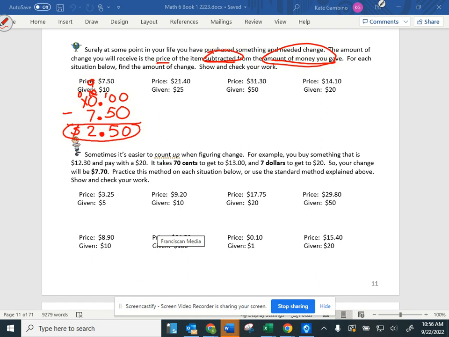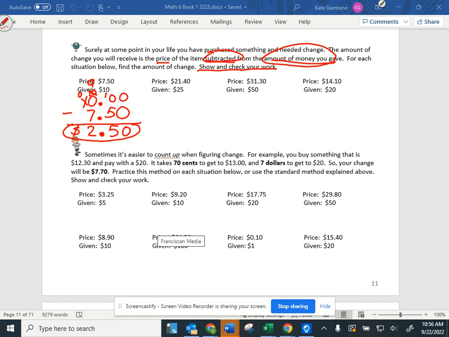Aiden, do we have to show a word? Well, when the directions say show and check your work, do we have to do it? Yes. Sure do. It is super important that we read all the directions and we follow all the directions.